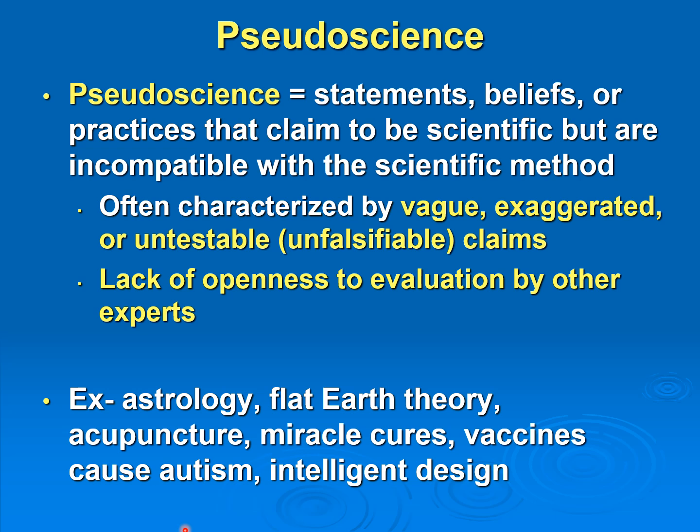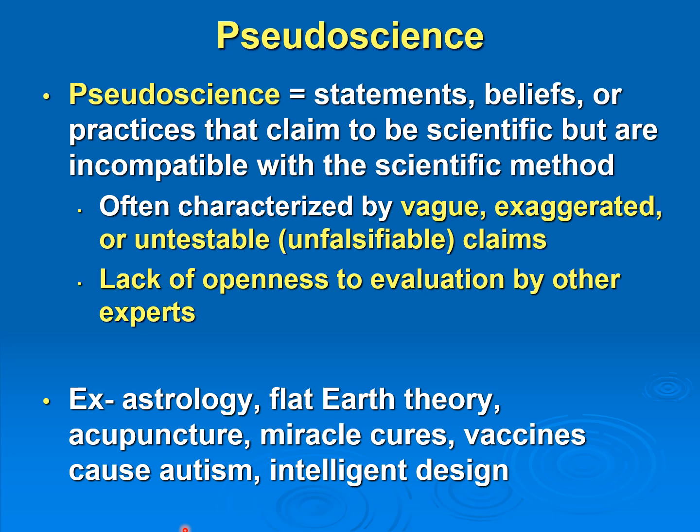Vaccines causing autism, that's also pseudoscience. The scientist that published the paper that said that the measles, mumps, and rubella vaccine caused autism actually falsified his data and was being paid by a vaccine manufacturer, and they actually retracted his paper, and he wouldn't go back and repeat his results or anything, and he actually had his medical license taken away because of what he did.